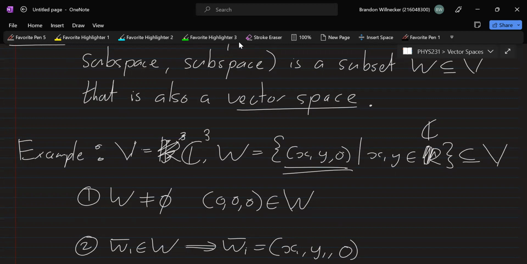So we're dealing with C3 as the vector space. So it's very similar to R3. It has the same addition and scalar multiplication operations, but we're dealing with complex numbers instead. So the vector space is C3, and we take X, Y from C as well.